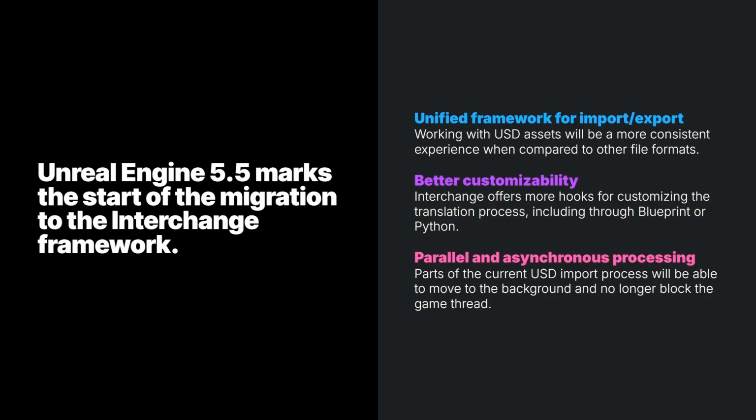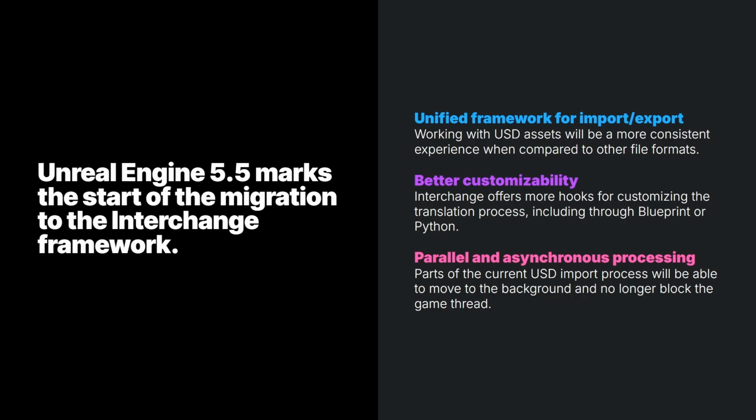So specifically for 5.5, the focus of our work was on migrating the import functionality to the interchange framework. So if you're not familiar with it, interchange is a new unified system for getting assets into and out of the engine, and it'll provide a more consistent experience across a variety of different file formats. Interchange is what currently provides translation for formats like GLTF, Material X, and FBX, so USD will join those.